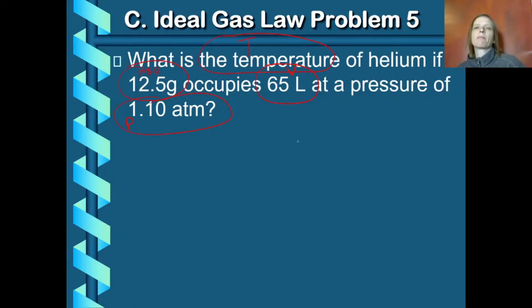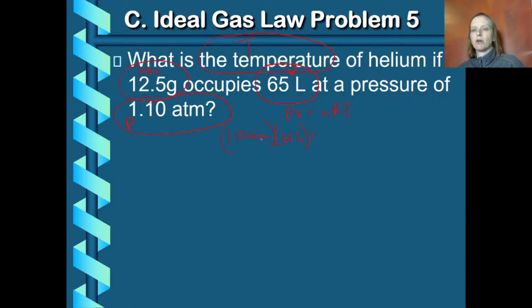So if I'm doing PV equals nRT, my pressure is 1.10 atm, my volume is 65 liters, my n, I don't quite know what number to put there yet. I'll come back and revisit that.